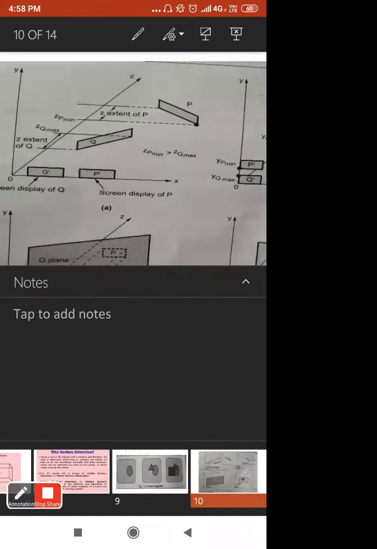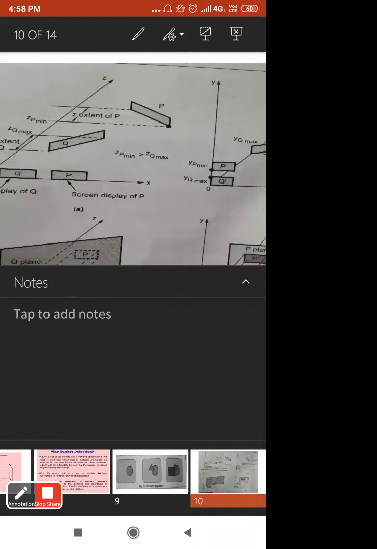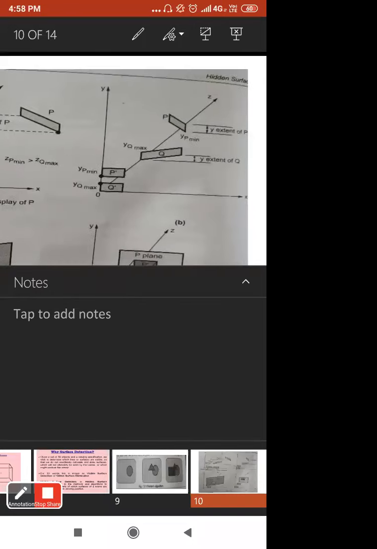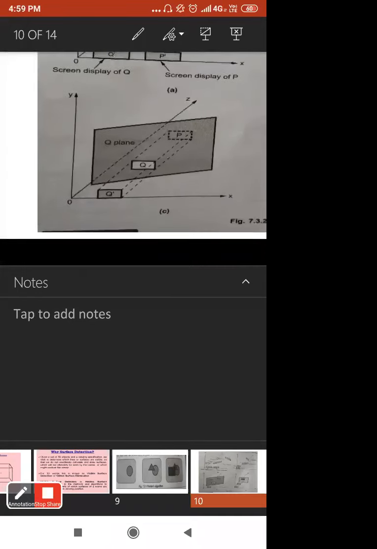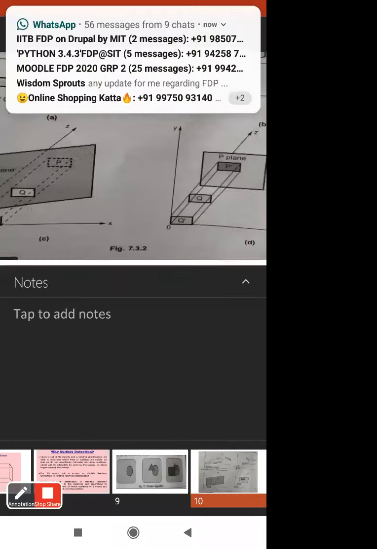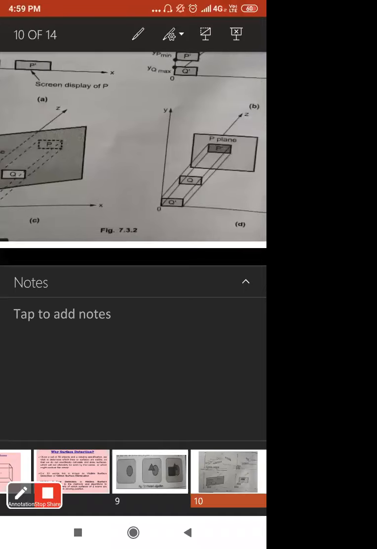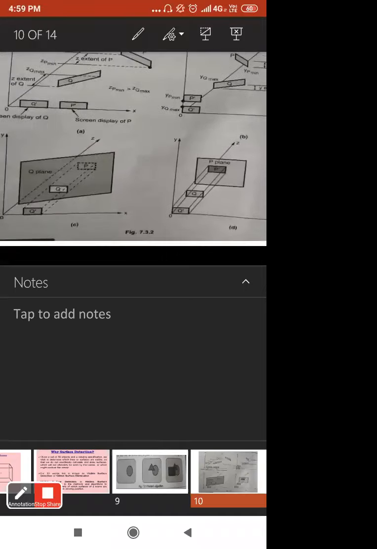The objects are residing in the XY plane, but we are comparing their Z extent. Then in the second diagram, we are comparing their Y extents, and in the third diagram, we are comparing their X extents.